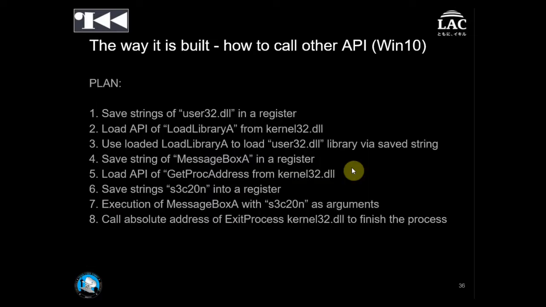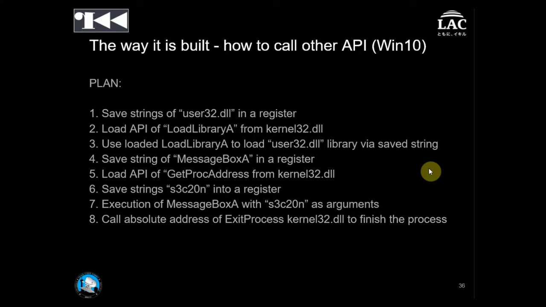And you have to learn how to make a plan, as described before. For example, in order to make the message box, you will need to know where the message box is located, and in order to do that, you have to make a plan.